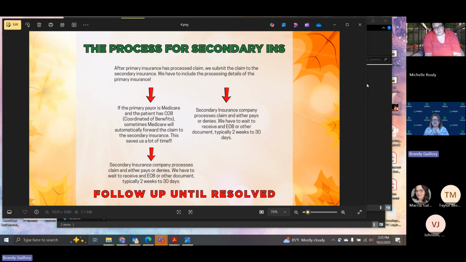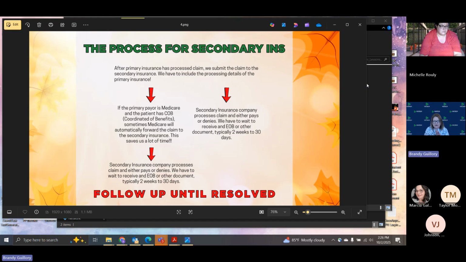Or if it's a situation where they're getting veterans benefits from VA, but they're still in the workforce. So they have group insurance through their employer as well. They may have two insurances like that. So most of your patients are only going to have the one, but you will see a fair amount with two insurances.